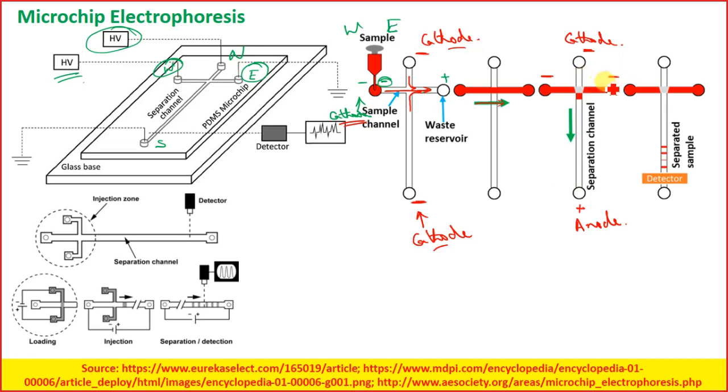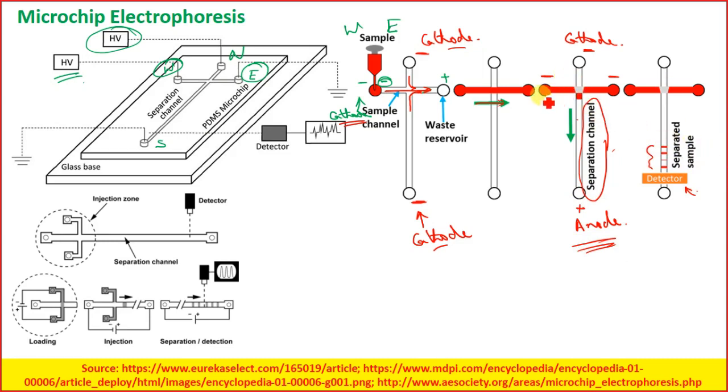So what is happening, all of them are repelling, and when they are repelling, the anions are being moved into the separating channel, and due to this cathode and anode high voltage electrodes, you will be having the separation within the separation channel, and you will be getting the bands over here, and at the end port towards the anode, you will be having the detector for the measurement of the analytes. Are you getting my point?